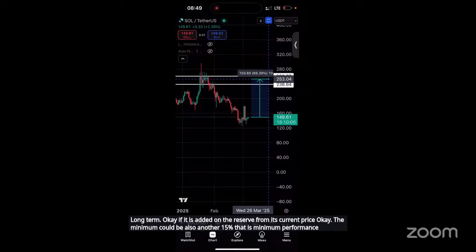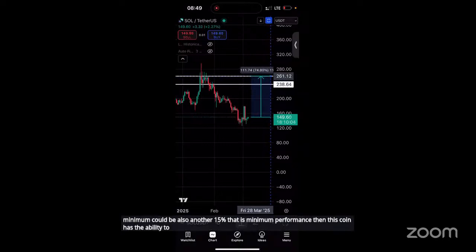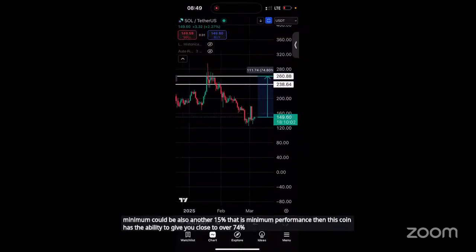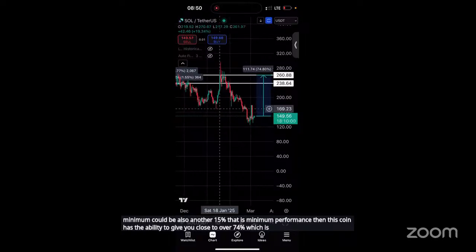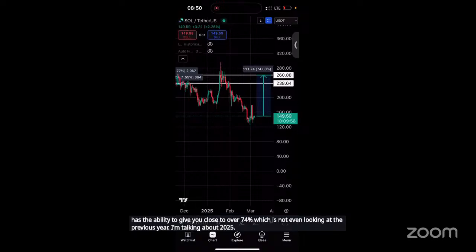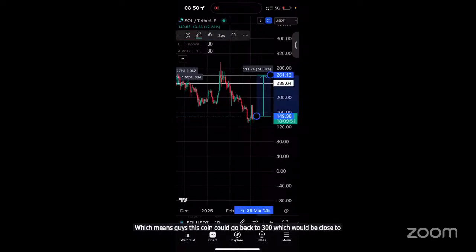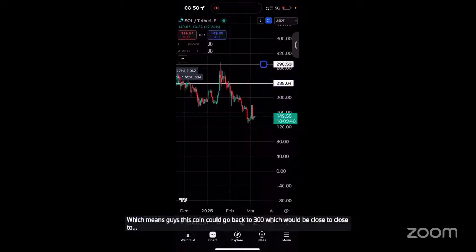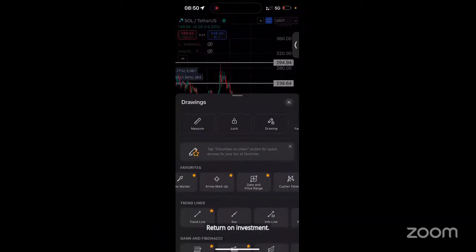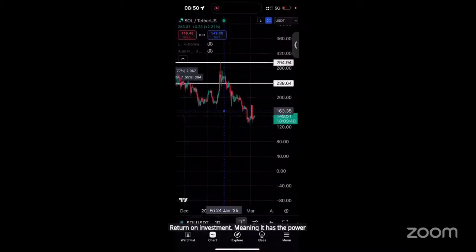Then this coin has the ability to give you close to over 74%, which is not even looking at the previous year. I'm talking about 2025, which means, guys, this coin could go back to $300, which would be close to giving you close to 100% return on investment, meaning it has the power to double your money.